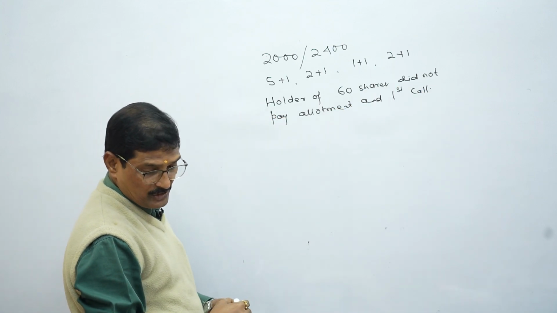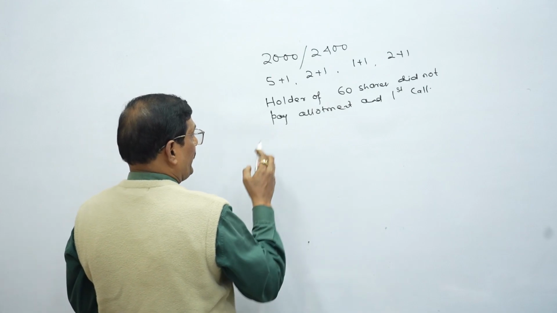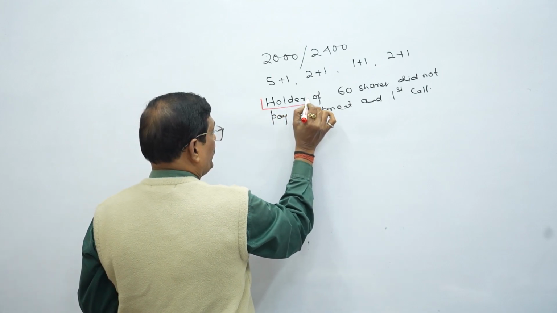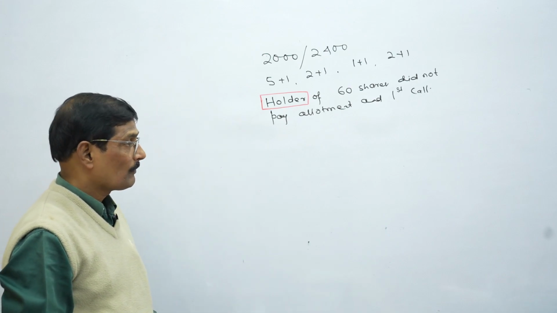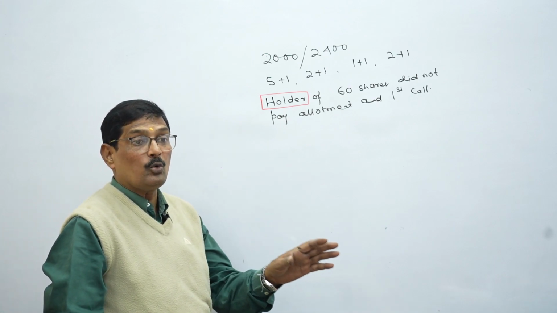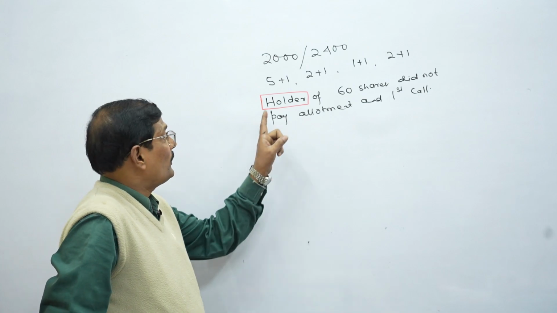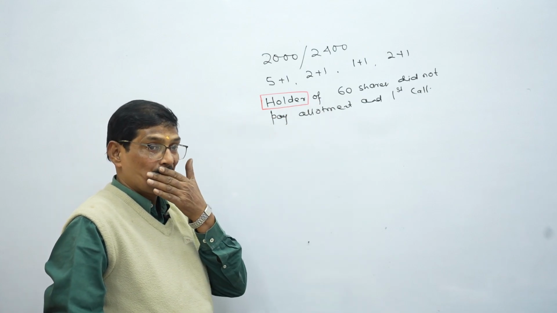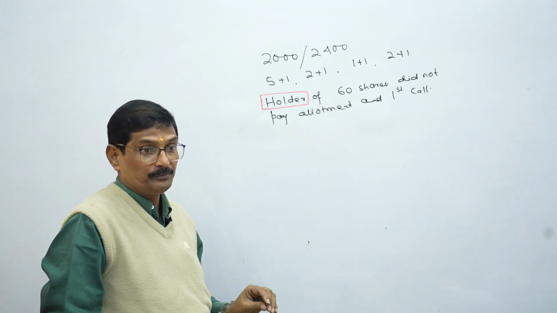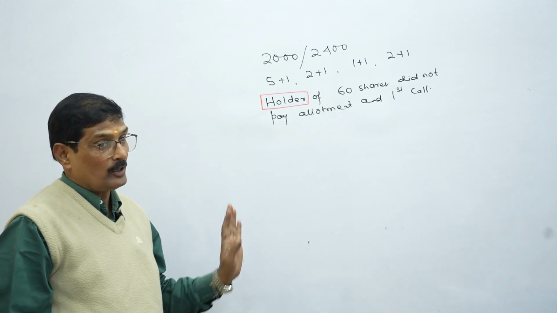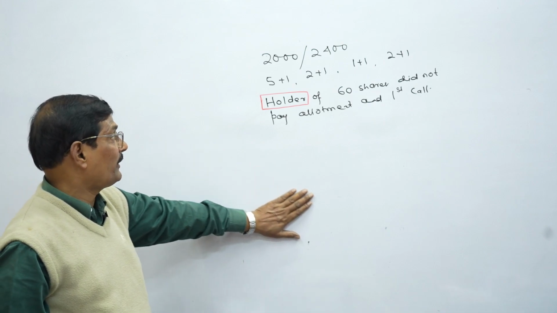Holder means the person who was allotted. So he was allotted 60 shares. So we have to calculate the number of shares he has applied for. Right? So let us first calculate it. Then we will pass the entries.